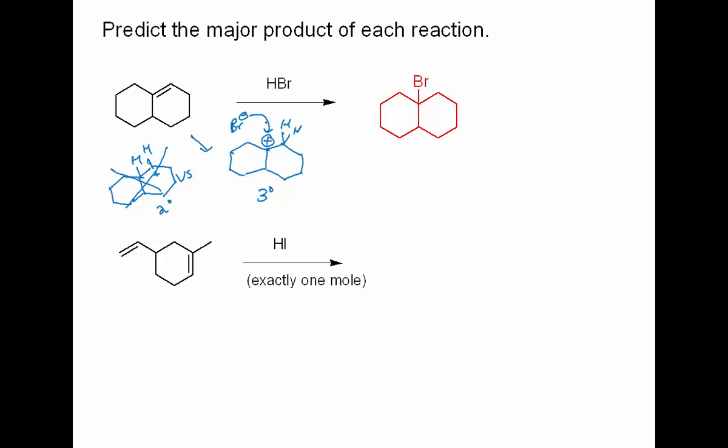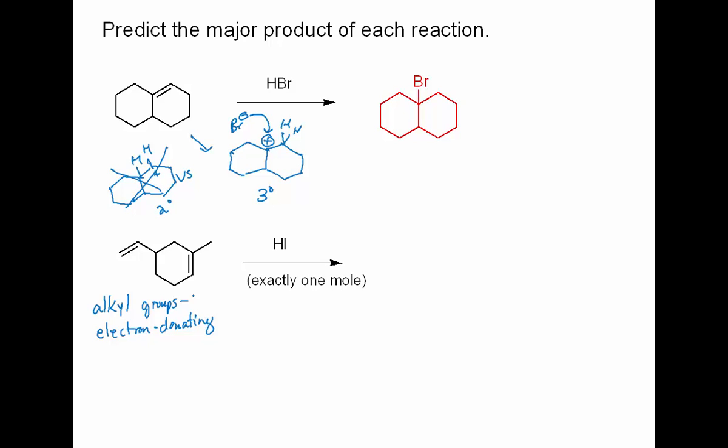Okay, in the second one here, we're adding exactly 1 mole of HI. Here it's important to remember that alkyl groups are electron donating.